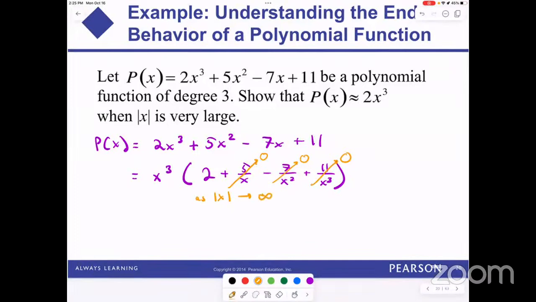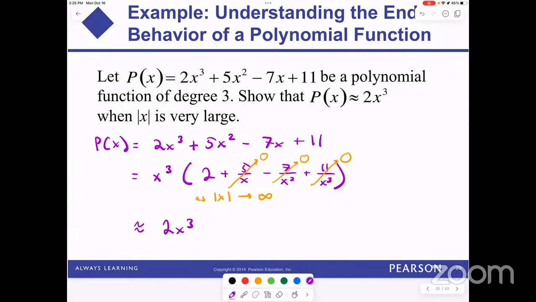So the only thing that's going to be left is the 2 and the x to the 3. So it's approximately equal to 2x to the power 3. Okay. So we showed that p of x is approximately equal to the power function.